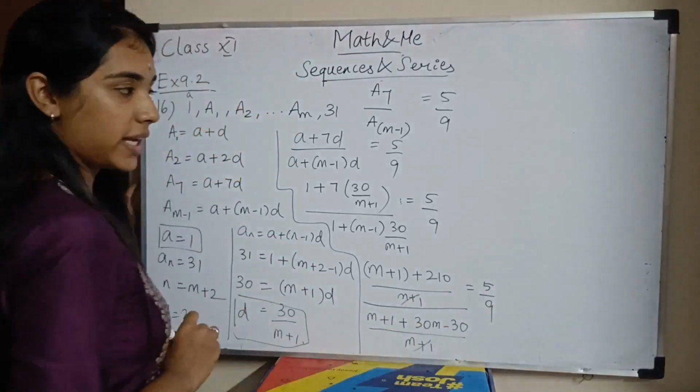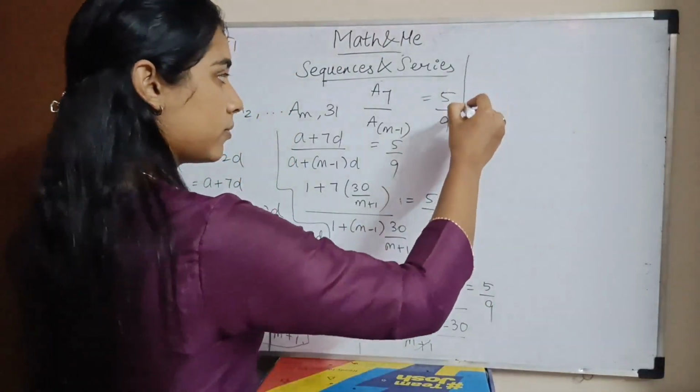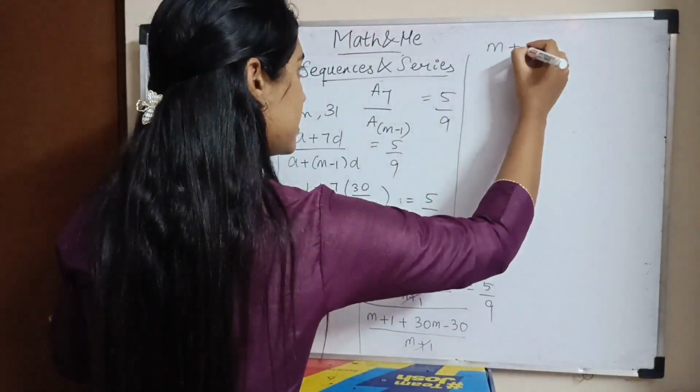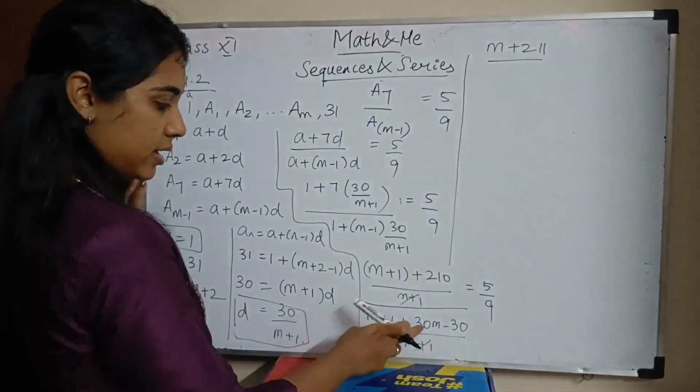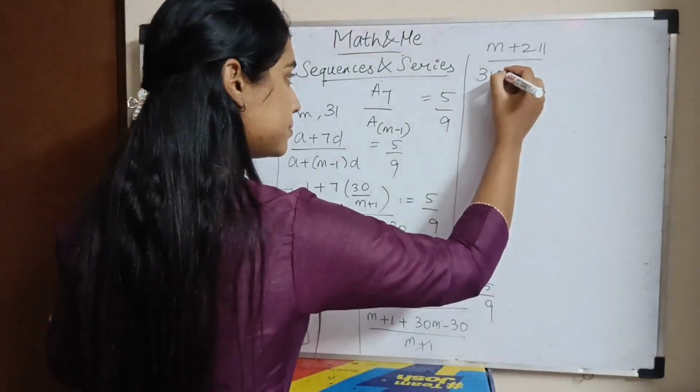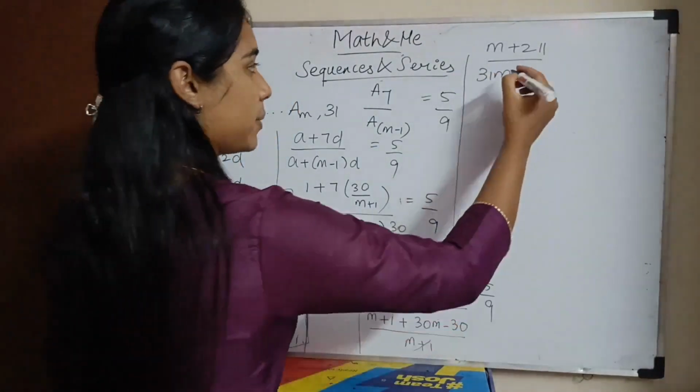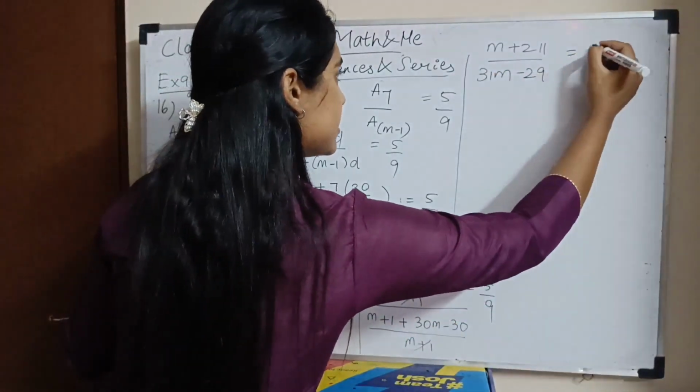The m plus 1 terms cancel. So I have (m plus 211) divided by (31m minus 29) equals 5 by 9.